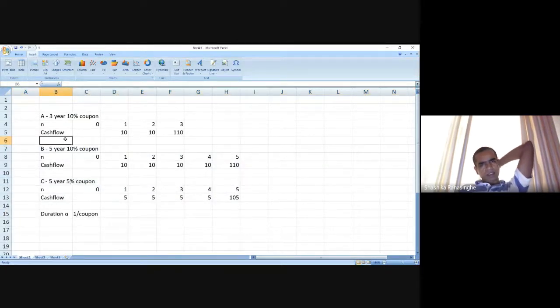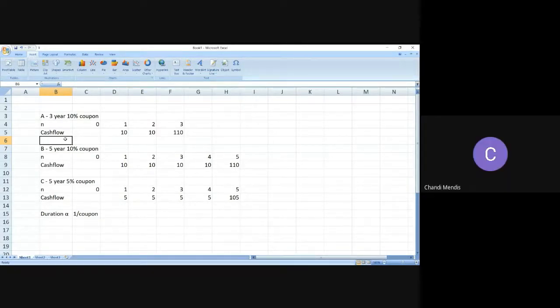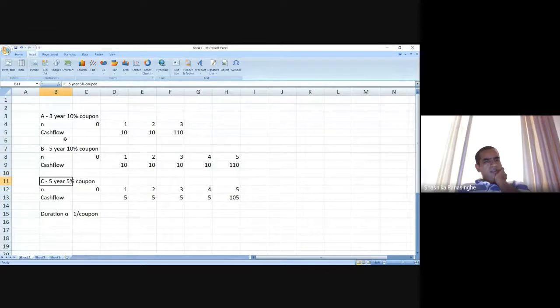C. Yeah, reason? Coupon is low. Okay. C has the lowest coupon out of the three bonds.